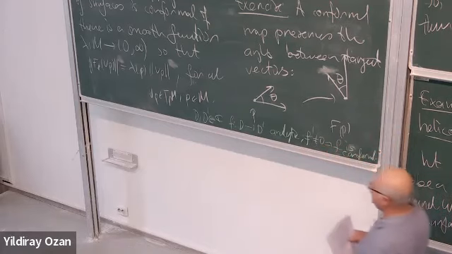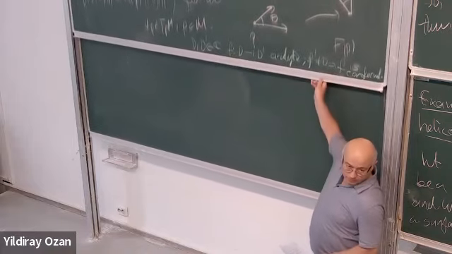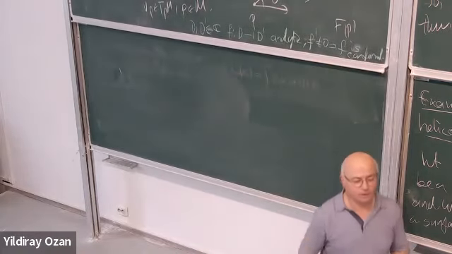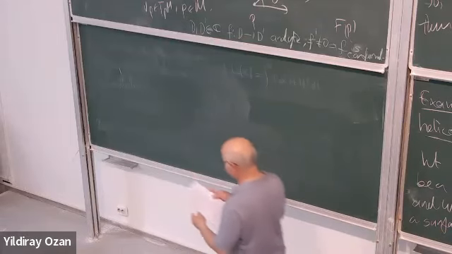If it preserves the angles, then it preserves basically the geometry. It's like putting a picture on a Xerox machine and you photocopy it, but the enlarging scaling constant changes from point to point. So complex analytic maps are maps like that.